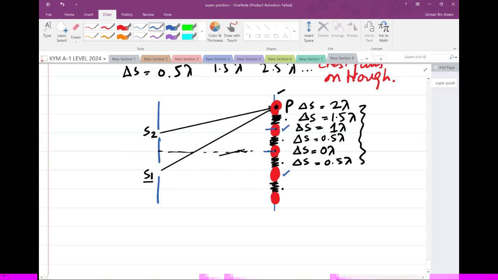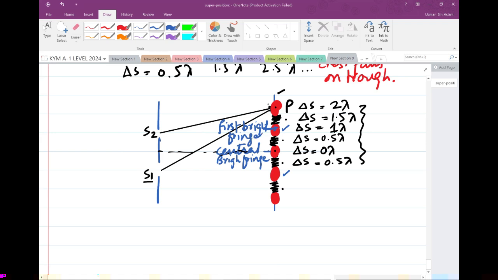I'll write that down. This one is the central bright fringe. This one here is the first bright fringe.